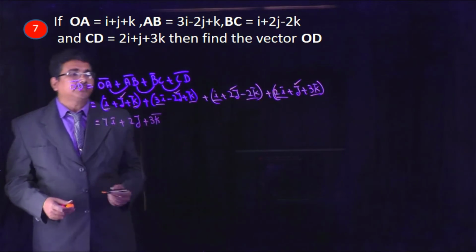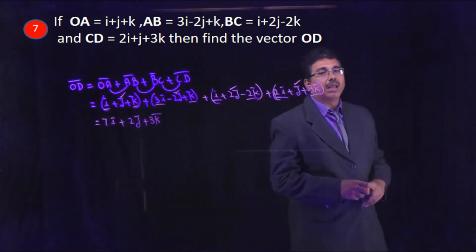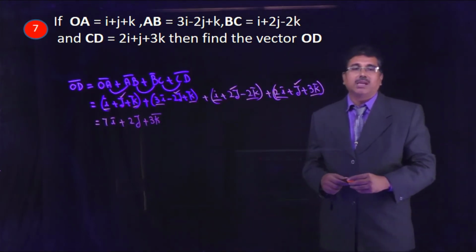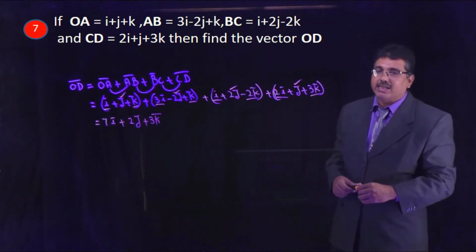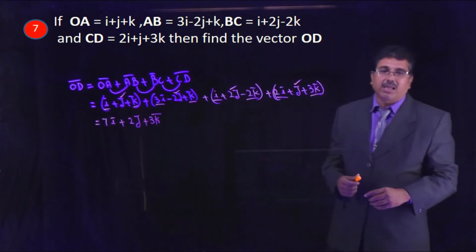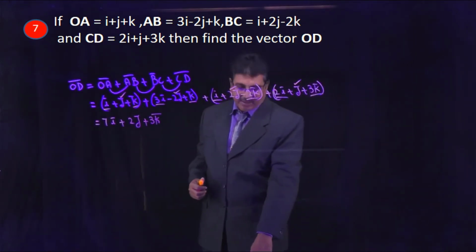So OD bar is equal to OA bar plus AB bar plus BC bar plus CD bar, that is 7I bar plus 2J bar plus 3K bar. That is the required vector.